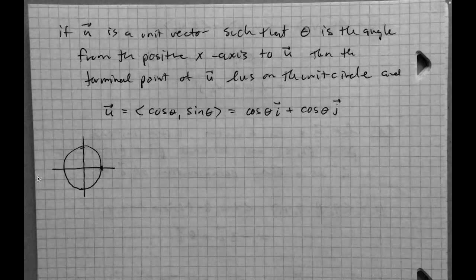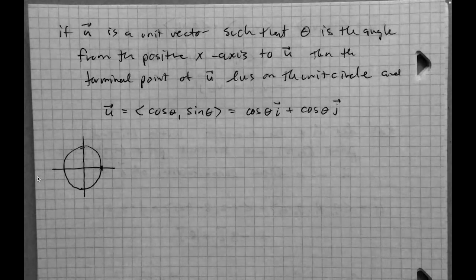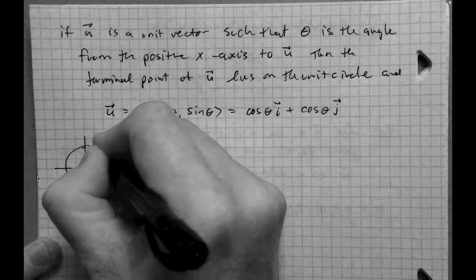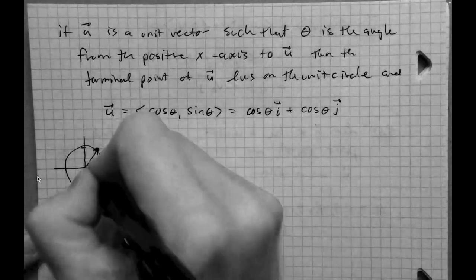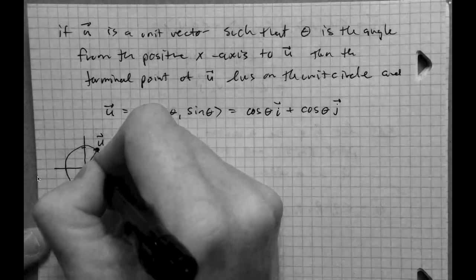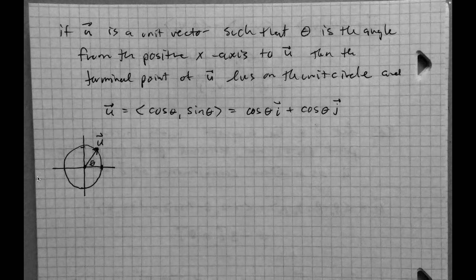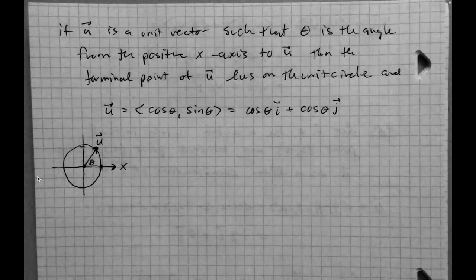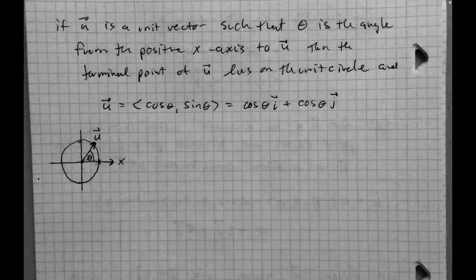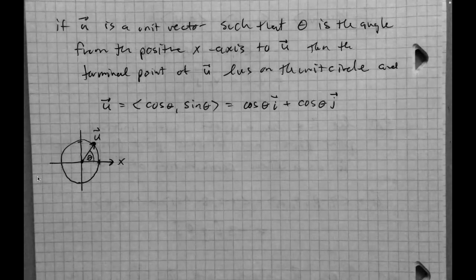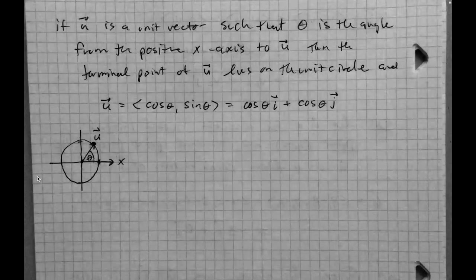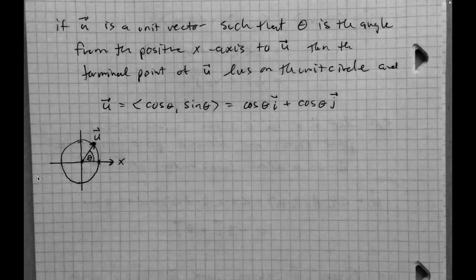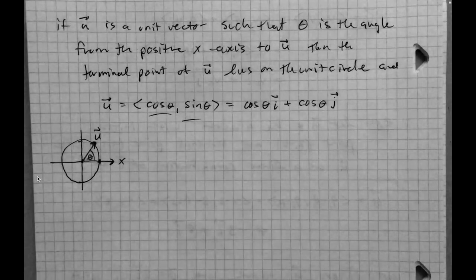All this is saying is that if u is a unit vector, meaning its terminal point is on the unit circle, and you've got theta as the angle between the positive x-axis and u, then u can be written with cosine of theta, sine theta as the components.